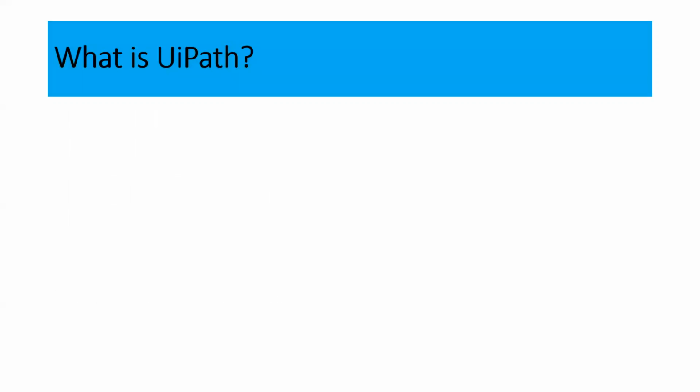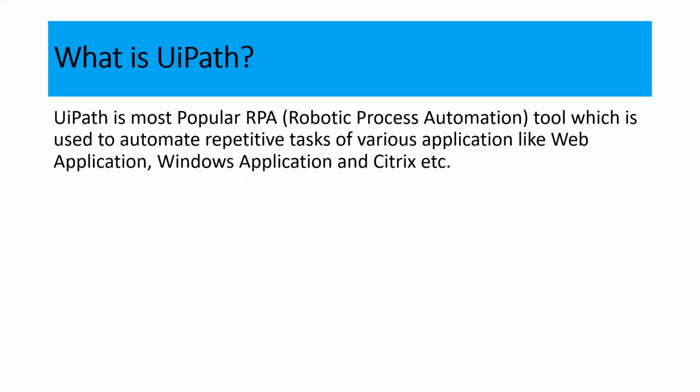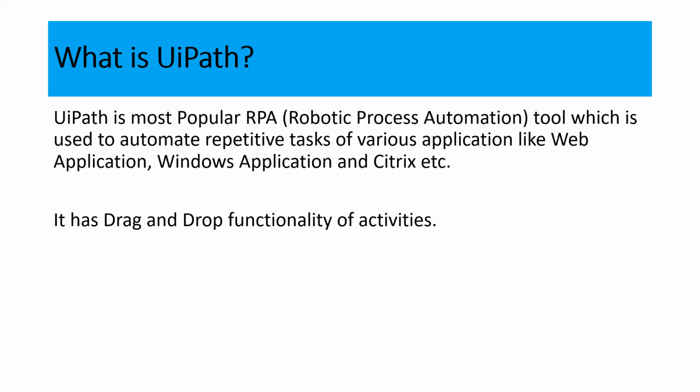What is UiPath? UiPath is the most popular RPA tool which is used to automate repetitive tasks of various applications like web application, Windows application and Citrix. It has drag and drop functionality of activities, so it is very familiar and very easy to use.